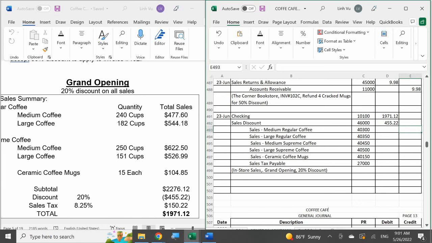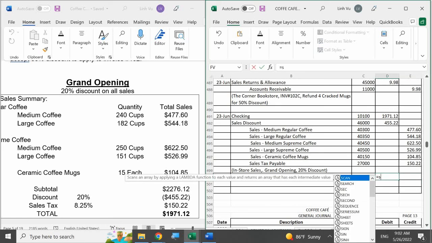How much was my sales medium regular coffee? $477.60. And then $544.18. And then $622.50. $526.99. $104.85. $150.22.